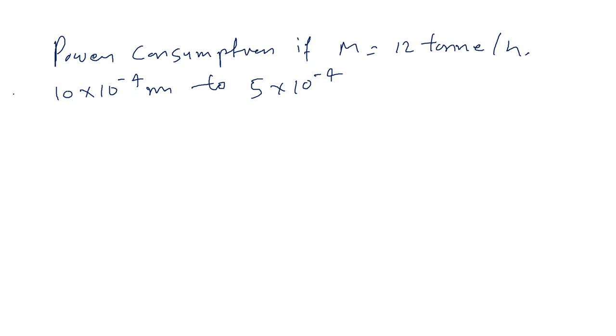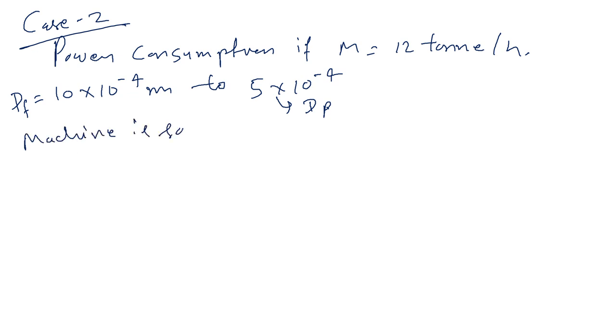So for the second case, this is the feed size and this is the product size dp, and the machine is the same, so KR is the same, 2.1875 into 10 to the power minus 3.